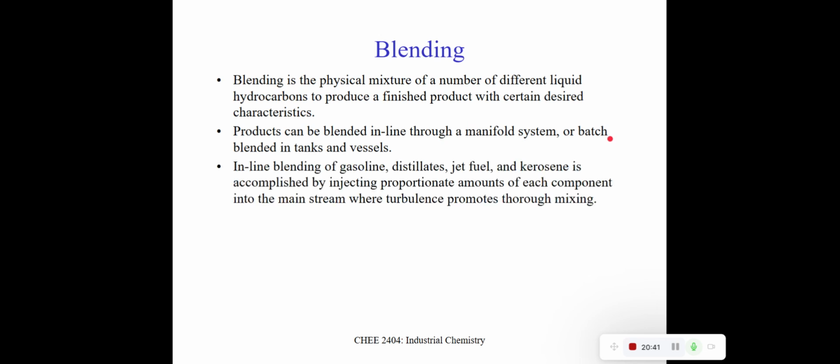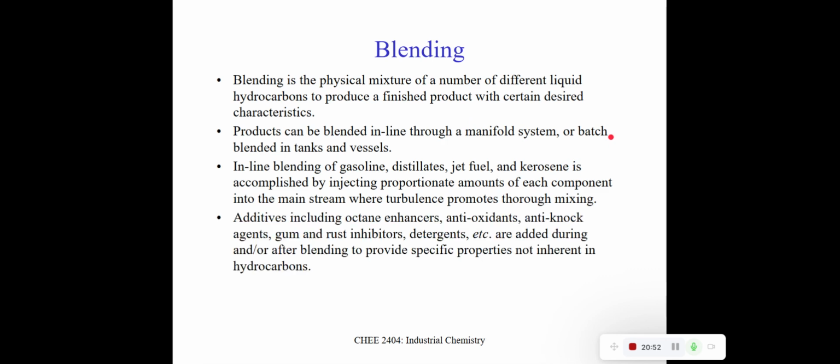Products can be blended in line through a manifold system or batch blended in tanks or vessels. Blending can take place in tanks or vessels in such a way that this can be done as batch blending, and it can be inline through a manifold system. In the inline manifold system, distillate, kerosene and jet fuel blending is accomplished by injecting a proportionate amount of each component into the mainstream where turbulence promotes thorough mixing.